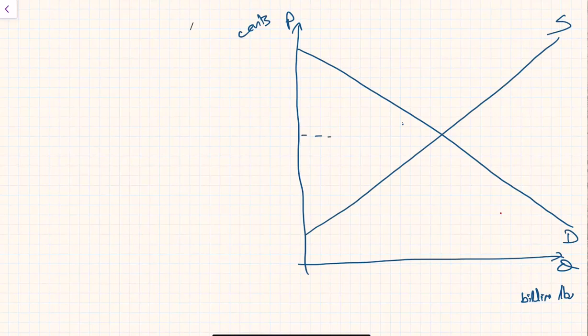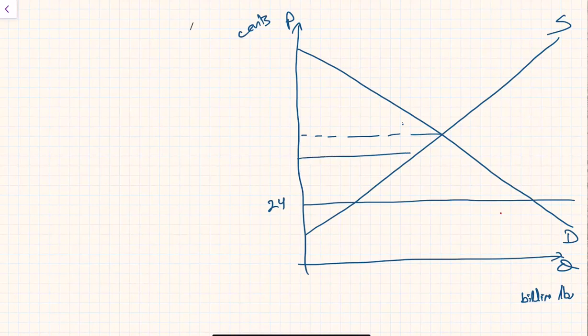Let's say this was the equilibrium price. And suppose this is 24 cents or the free trade price. Where the question begins is that initially the regime allowed only 6.9 billion pounds of imports of sugar. So let's do that, and then we were told that the domestic price was 36.2 cents.